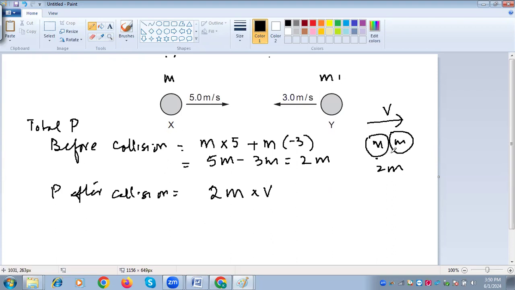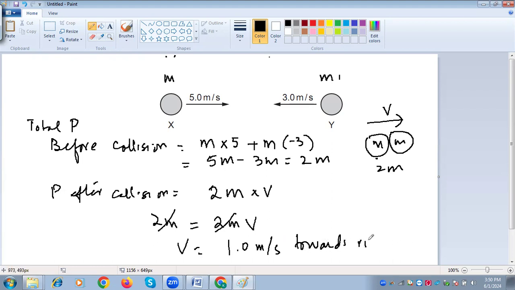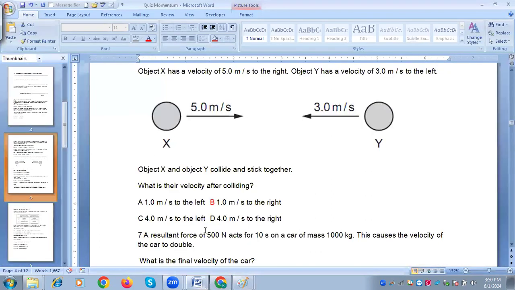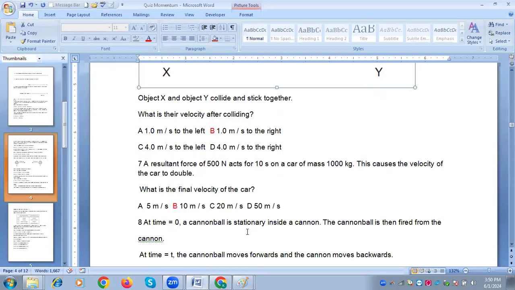So m and m, 2m, and what is their final velocity? 2m is equal to 2mv. So 2m and 2m cancelled. So what is the answer? V is equal to 1. And what it is coming, positive or negative? It is coming positive. Means 1 meter per second towards right. Okay. So answer is B.